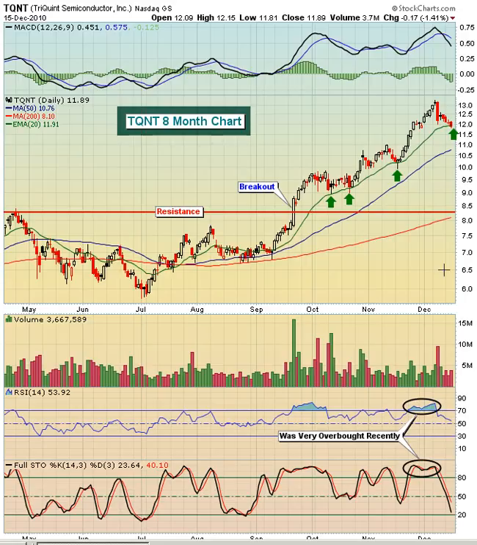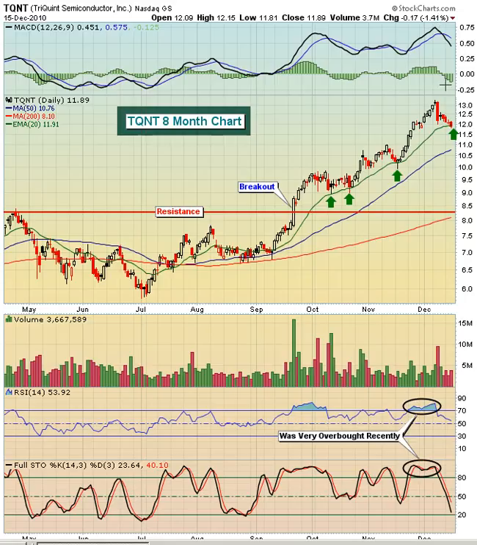From a price standpoint, TQNT just recently was up over $13 and fell back almost 10%, hitting a low on Wednesday down at the $11.81 level. We closed at $11.89, and you can see the 20-day moving average at $11.91. The most recent high was accompanied by a very strong MACD, showing that the bulls were in control.